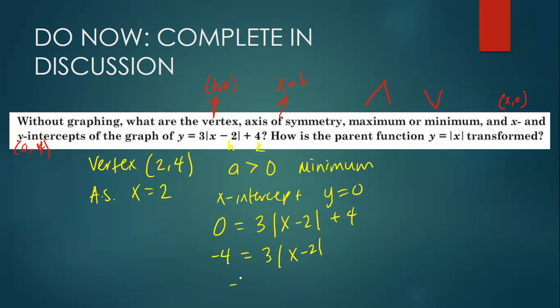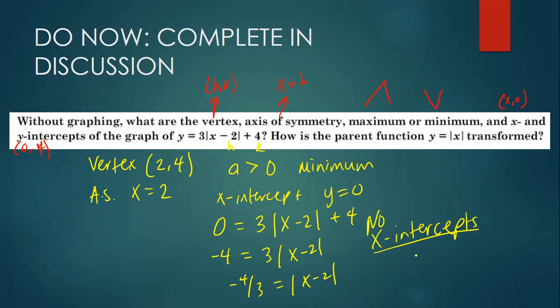And you divide by 3, so you have negative 4/3 equals the absolute value of X minus 2. What does that mean if I have a negative? Is that possible? You cannot have an absolute value equal to a negative. So what that means is that you have no X-intercepts.